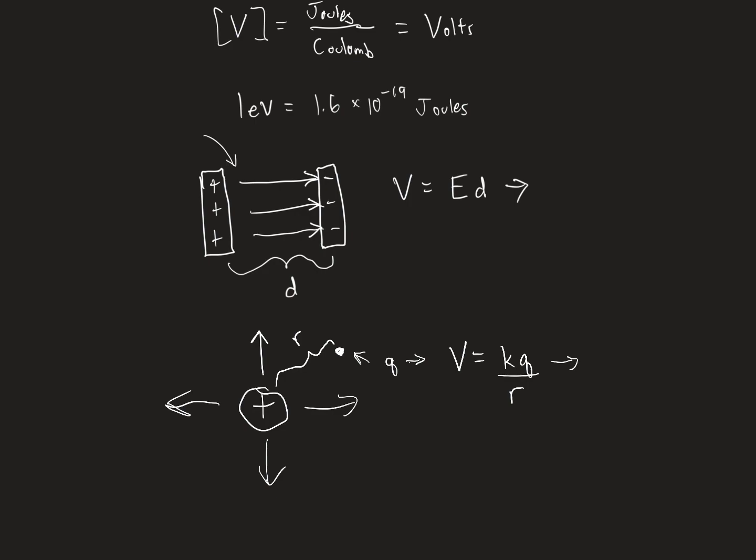Volts. How about this one? What are the units of this one? Volts. V is V. Big V, they're all volts. You calculate them all different ways, but they all give you the same exact thing. They all give you physically volts, which is an energy divided by a charge.